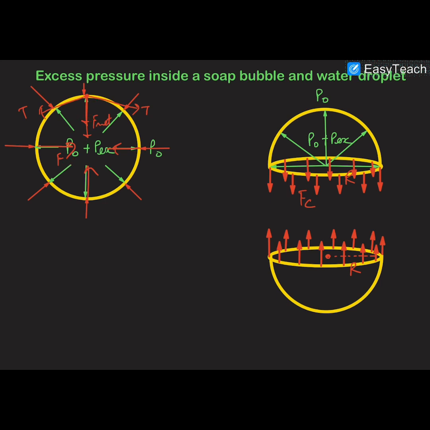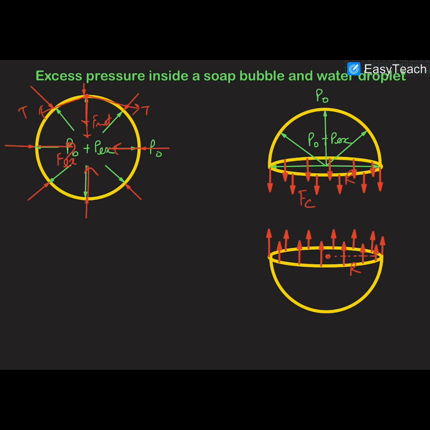So now let us also see what the value of this excess pressure is. To find out the value of this excess pressure, let us imagine a half soap bubble.